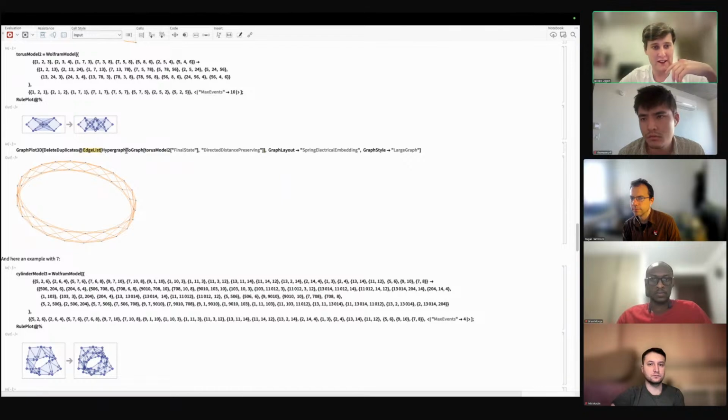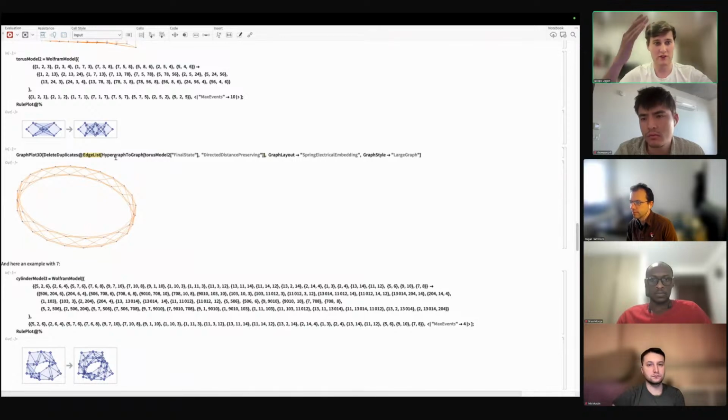Since this comes up a lot, maybe it would make sense to give different phases to my model: use this rule for this number of events, and then use this different rule for this number of events.